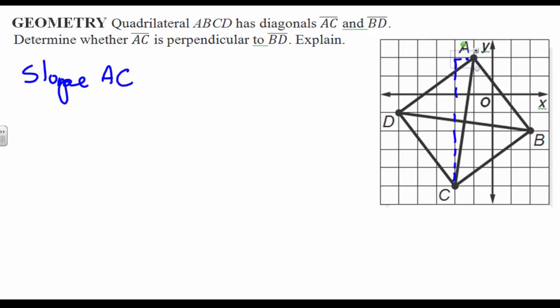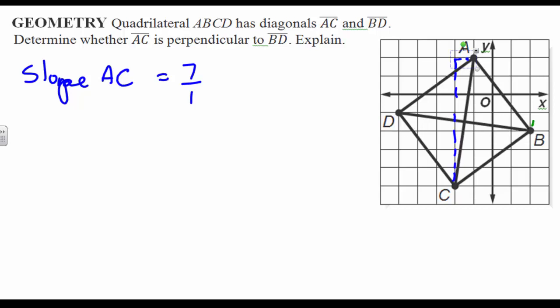from C to A and then run, it appears that I've gone up a total of 1, 2, 3, 4, 5, 6, 7, and over 1. So that's 7 over 1. And then I'm going to go rise over run.